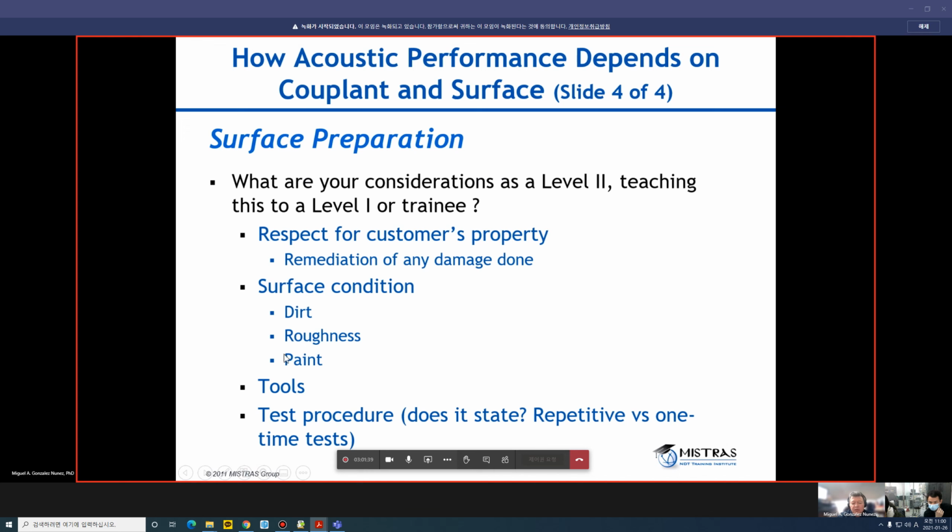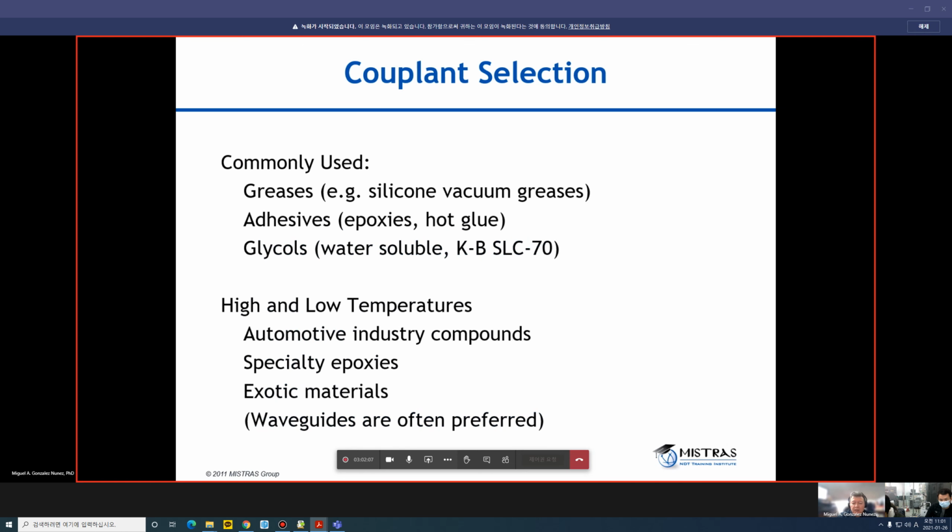And in your case, I don't think you use any paint, right? And we need to establish a test procedure that specifies how to mount or to couple properly the sensor, and what are the activities that we are going to do to make sure that the sensitivity of the sensors is okay.